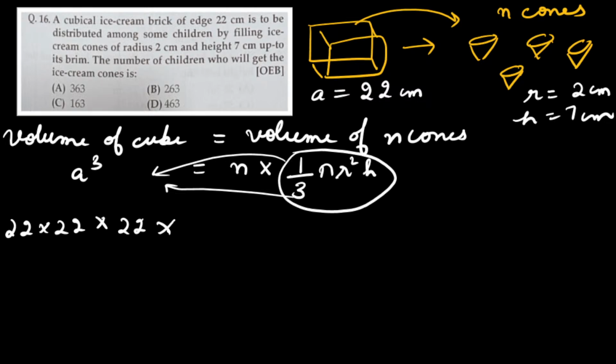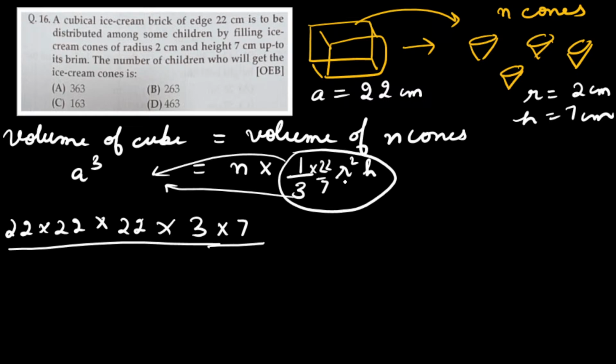See, don't do multiplication. It's always better to do cancellations here. It will be much easier. 3 I shifted. Now pi also this side. Let me write pi as 22 by 7. Then 7 also, when I shift to the other side, it will get multiplied, because on this side it is present in the denominator. When I shift it to the other side it will be shifted to the numerator.